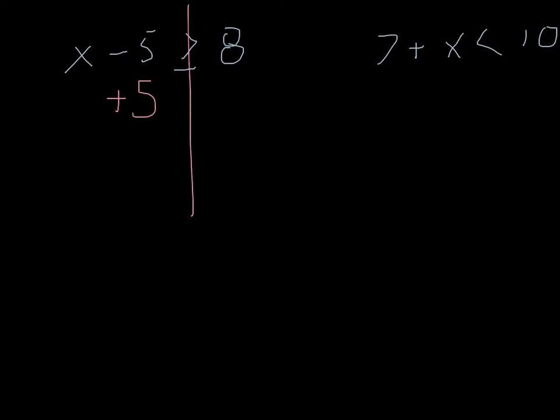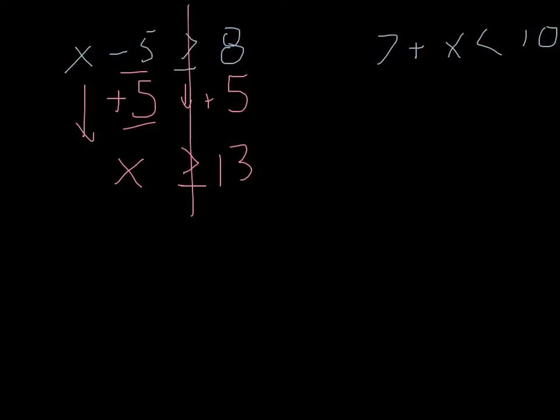If it helps, draw a line, and we do that to both sides. 8 plus 5 is 13, and we just bring down this sign. We don't change it at all. Negative 5 plus 5 is 0, so we bring down the x, and we get x is greater than or equal to 13.